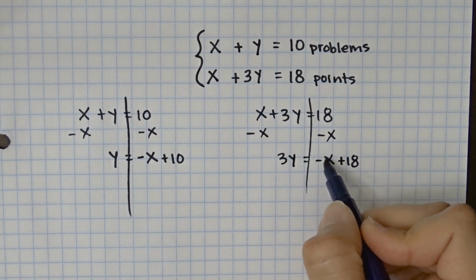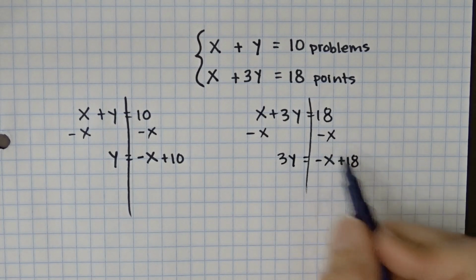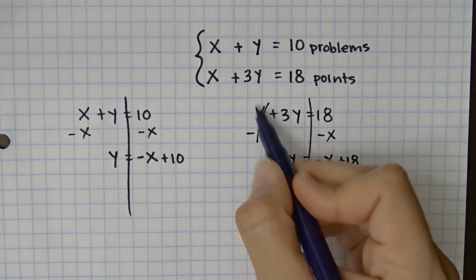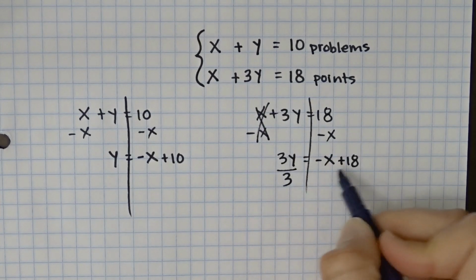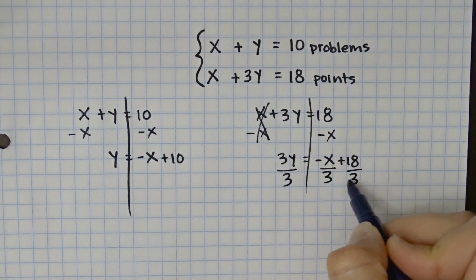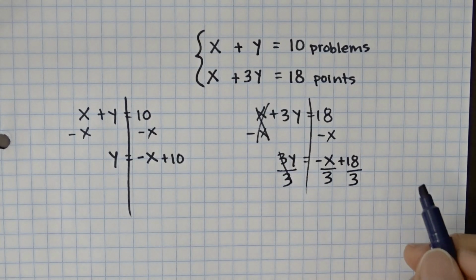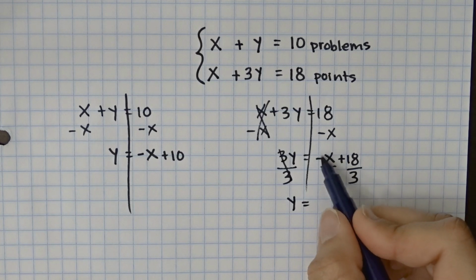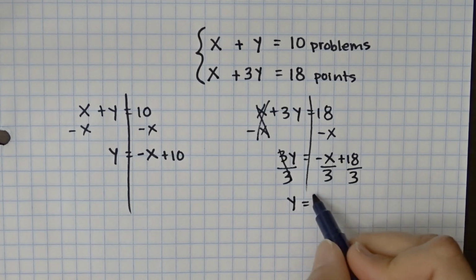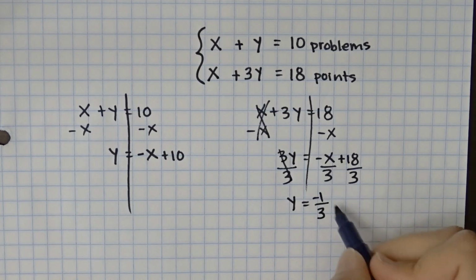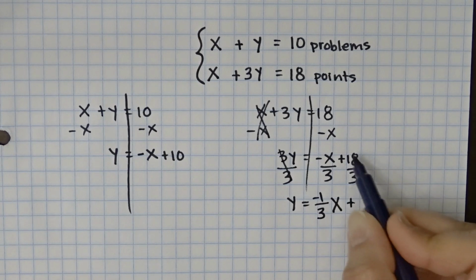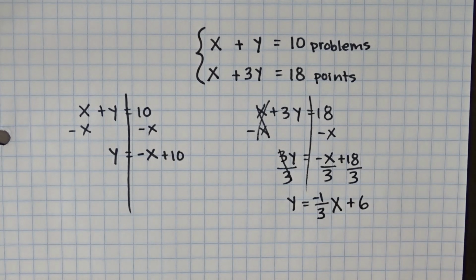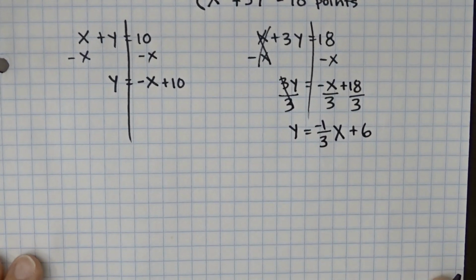That's the m term, then the b term, so I switched them around. And then I still got to get rid of my 3. And that leaves me with y, invisible 1, 1y equals 1/3 negative x plus, that would be 6. All right, so now we're ready to graph those.